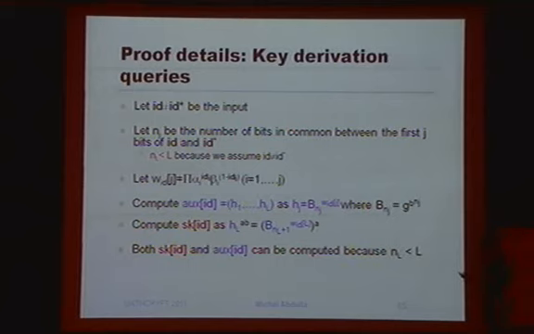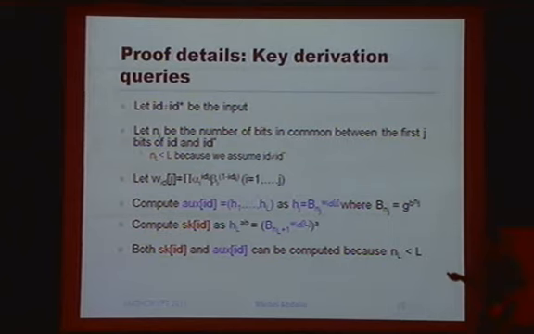Because of that, we define this function here, alpha I, ID I, beta I, ID star minus ID I. It's not too hard to see that, if we consider the identity ID and ID star, and truncate that identity at position J, MJ is the number of elements that they have in common.